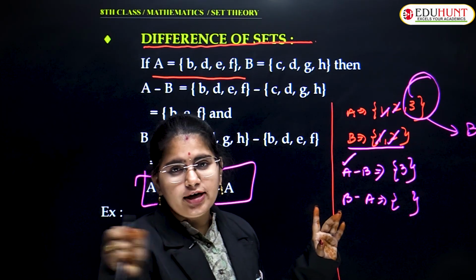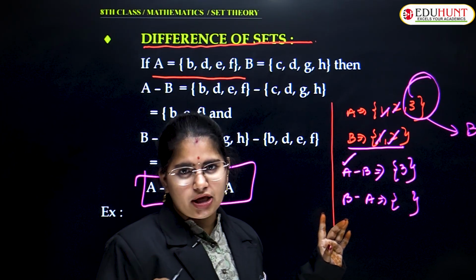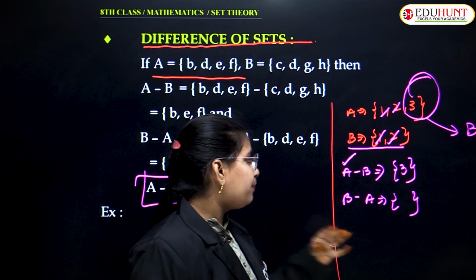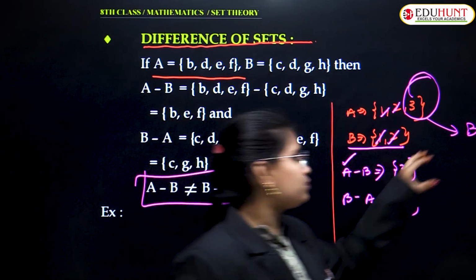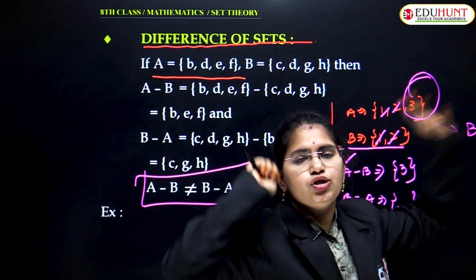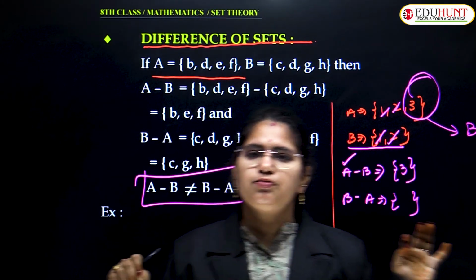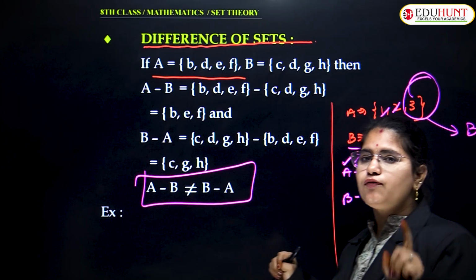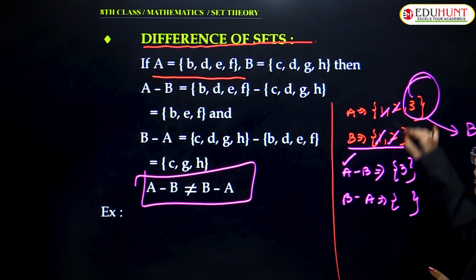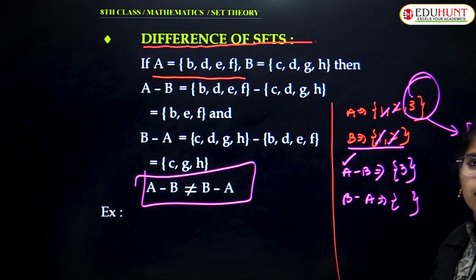So I am going to express an add-on point, okay? B is a subset of A. That means B is a smaller one, A is a bigger set, right? Whenever B is a subset of A, if you want to find the common elements between these two, tell me.